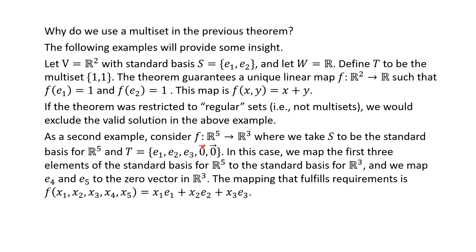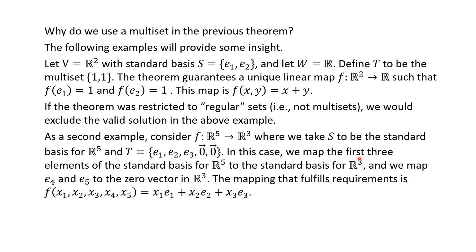Here our vector space V is R5, and our vector space W is R3. And we define our function f, and we have the standard basis, I should say first, for R5 and R3. So we take T to be E1, E2, E3, the standard basis for R3, and anything else that can't be represented here, we map to the 0 vector.